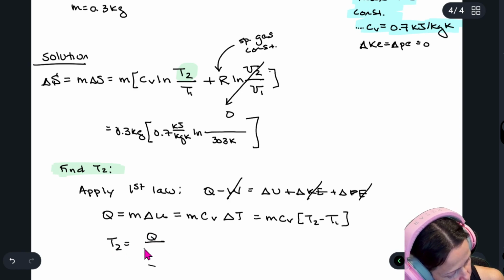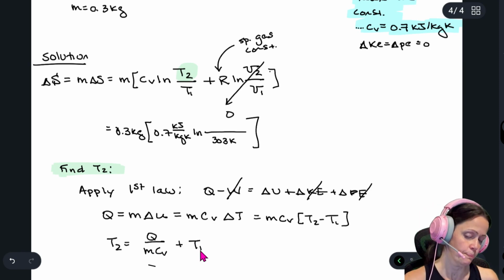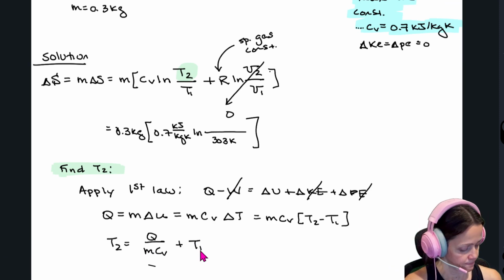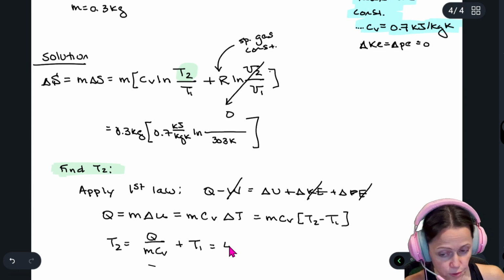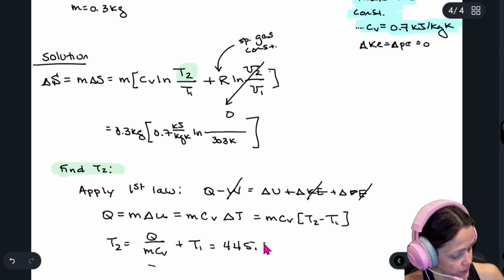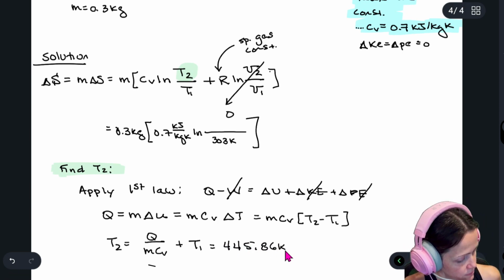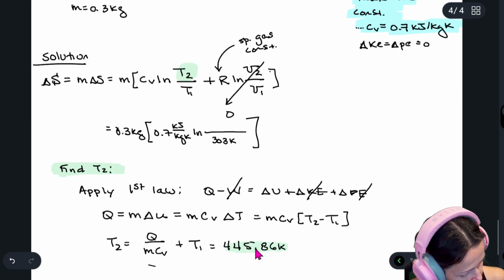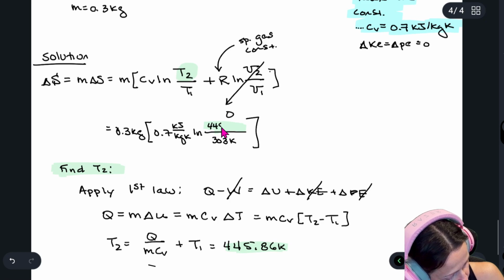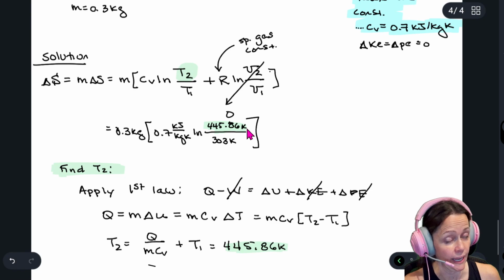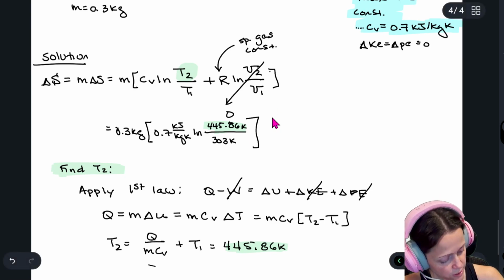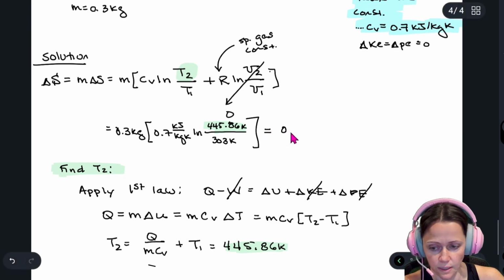It's going to be Q over mass times CV, plus T1. So I've got a temperature of 445.86 Kelvin. Again, it has to be in absolute temperature units.